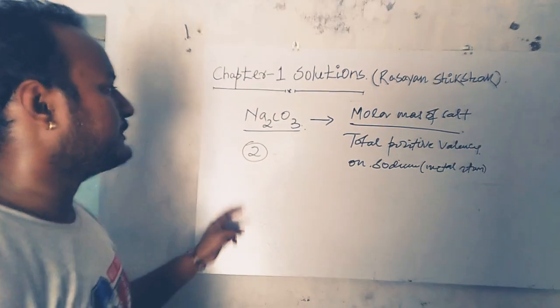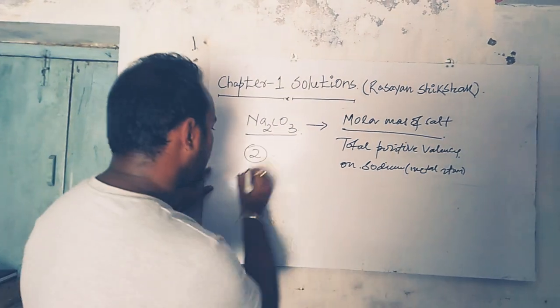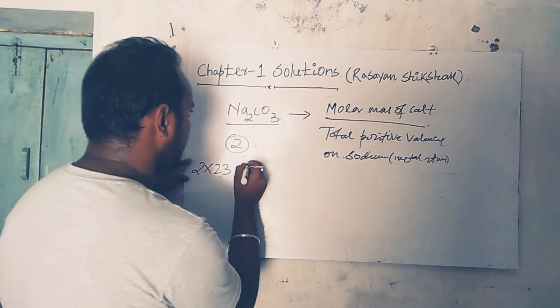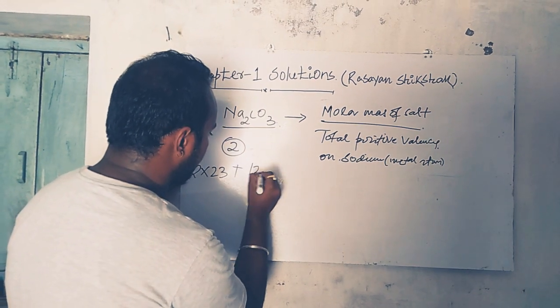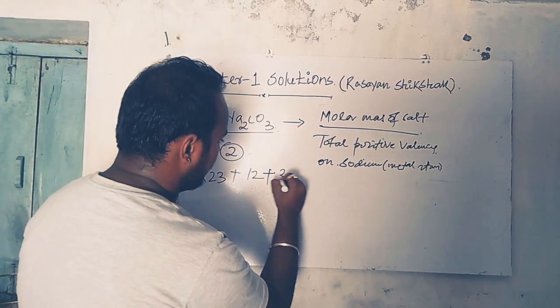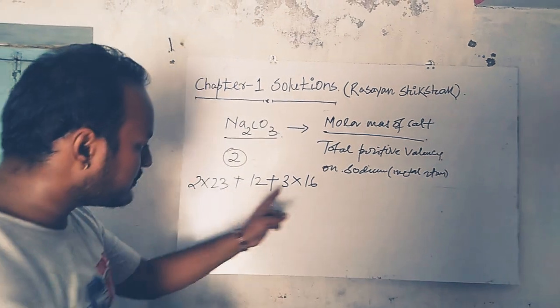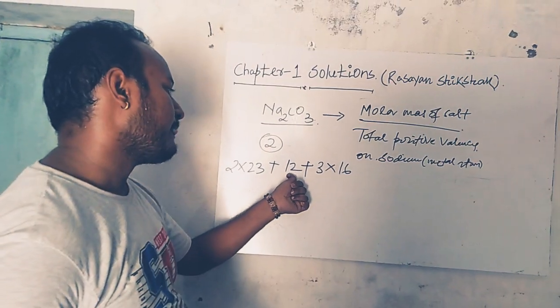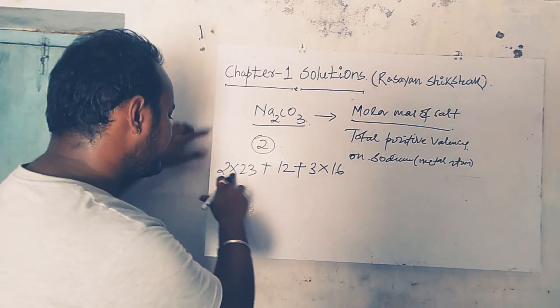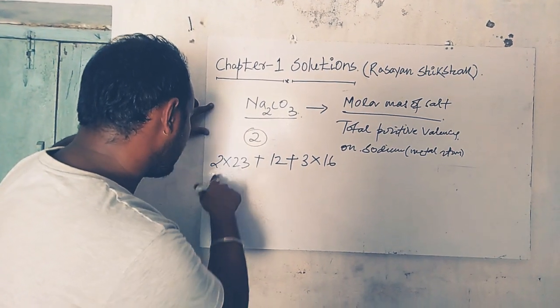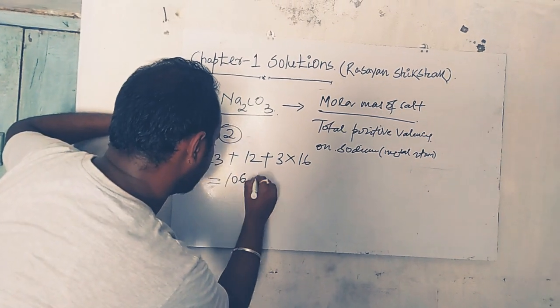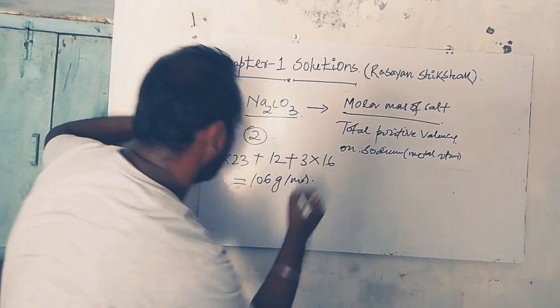Let us calculate the molar mass. So molar mass is 2 into 23 for 2 atoms of sodium, plus for carbon it becomes 12, for oxygen it is 3 into 16. So 3 into 16 becomes 48. 48 plus 12 becomes 60, and 60 plus 46 becomes 106 gram per mole.